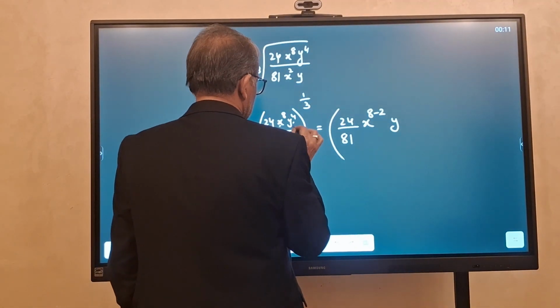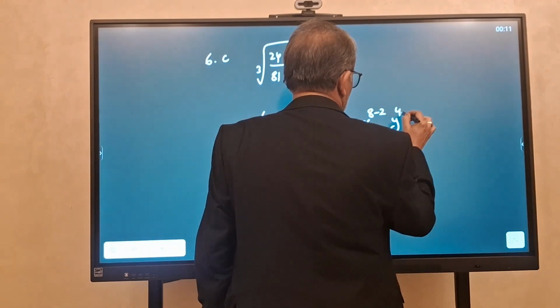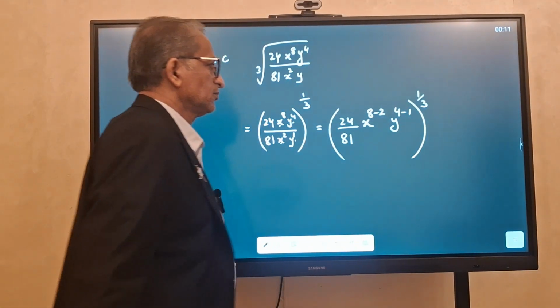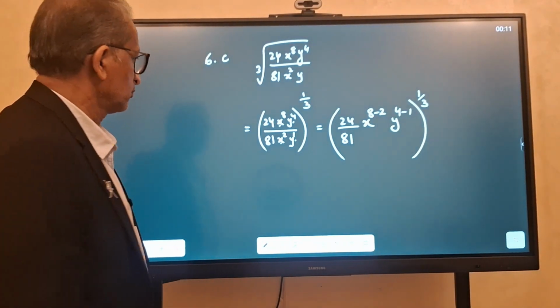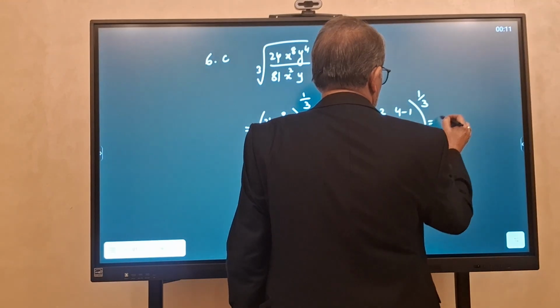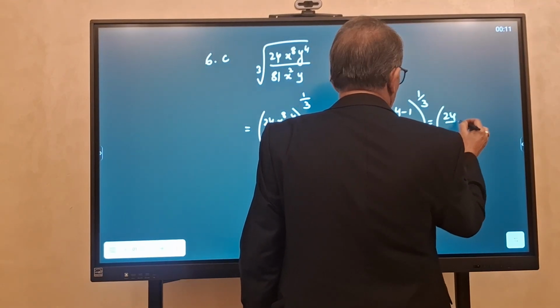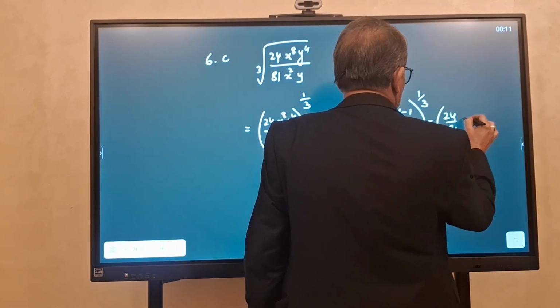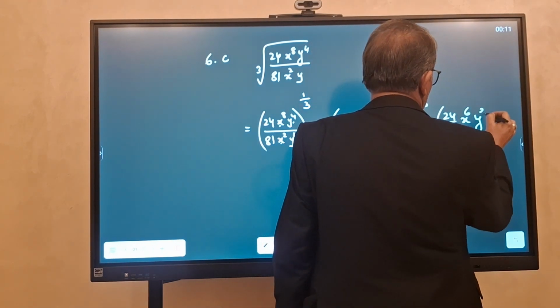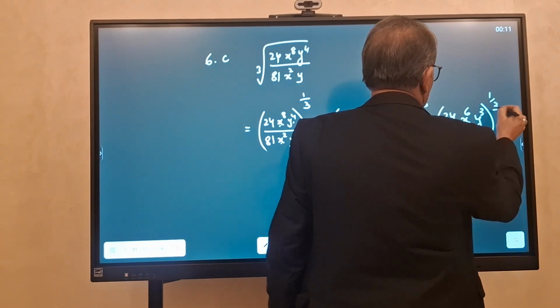The power of y here is 1, so it is 4 minus 1, power 1 by 3. Check. So 24 by 81, 8 minus 2 is 6, 4 minus 1 is 3, power 1 by 3.